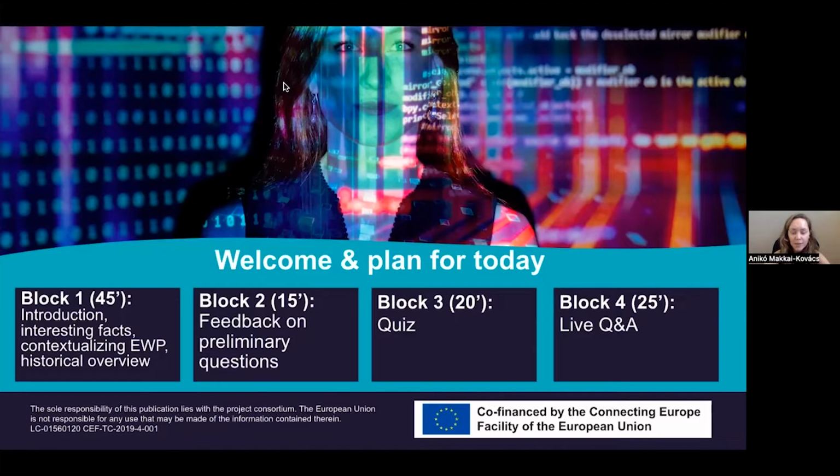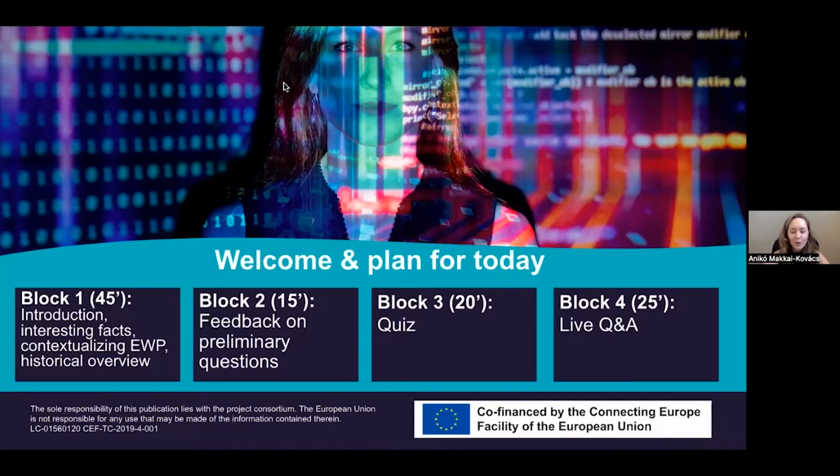So our plan for today is basically 4 main blocks. The first is going to be an introduction with some interesting facts, contextualizing EWP, and a historical overview of how EWP was born. As well as in block 2, we are going to reflect on the questions that you already raised to us in the registration form.